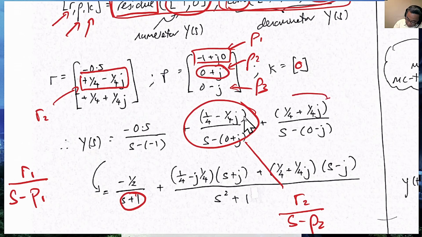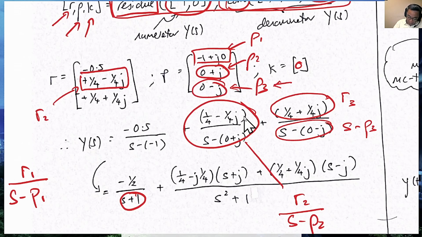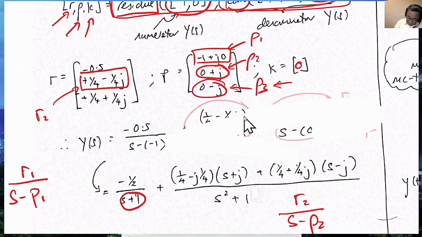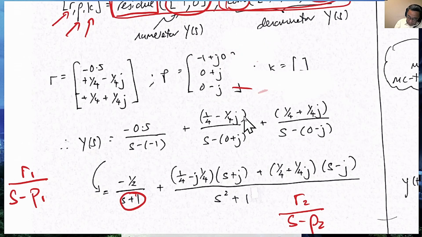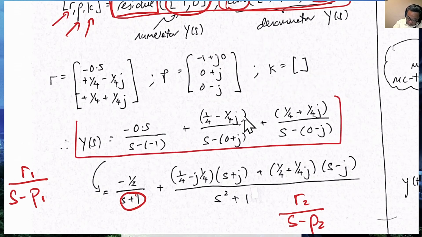And this of course is r3, 1/4 plus 1/4 j, over s minus p3. So we now know how to go from r, p, k to the partial fraction expansion.